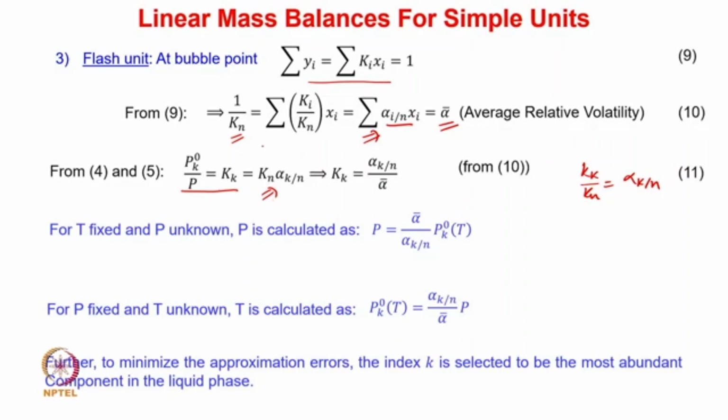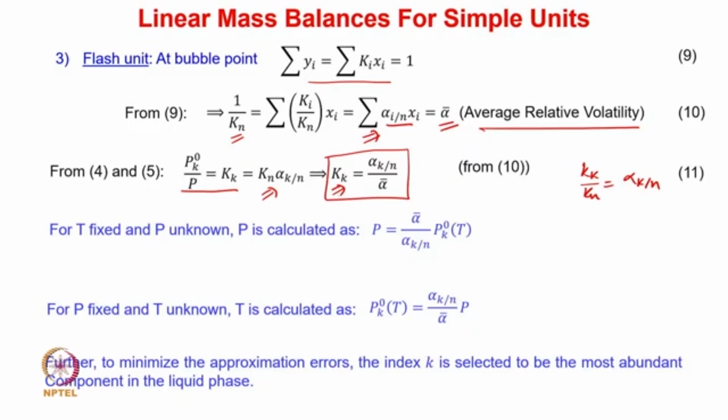But this Kn is nothing but what? Kn is nothing but 1 by alpha bar. So I can put this Kn as 1 by alpha bar. So Kk can be calculated in terms of the relative volatility of the component k with respect to the key component n divided by the average relative volatility. So the ratio of the relative volatility and the average relative volatility gives us the constant Kk.